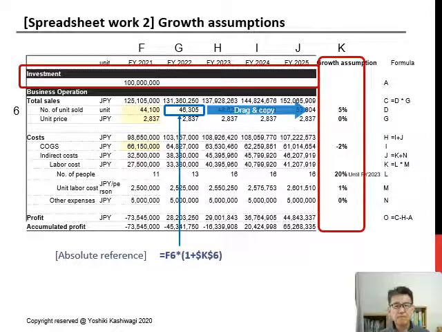Once you fix the cell K6, you can just keep this K6 while you're copying the cell to the right. So you do not have to change the cell to refer to, in this case, K6. You want to fix the cell. So that's absolute reference. You can do it by pressing the function 4 key. Let's do it together.